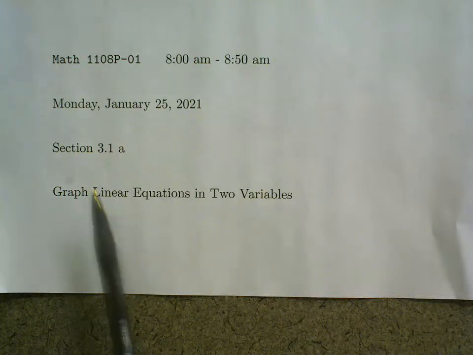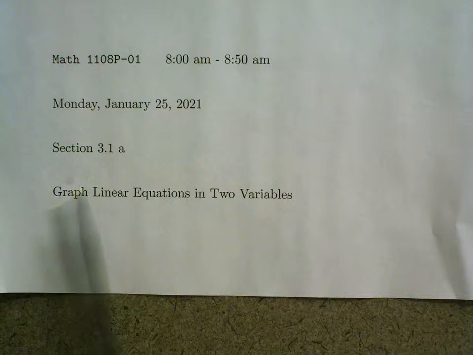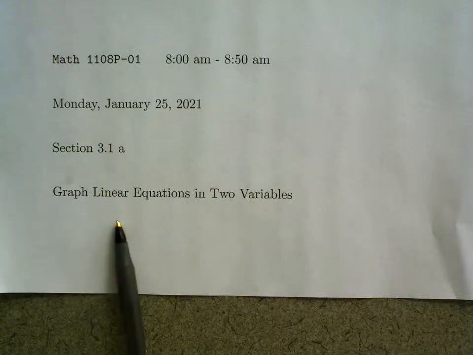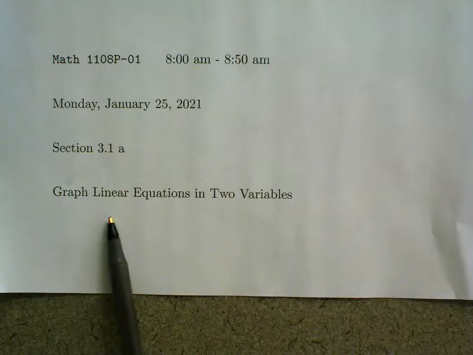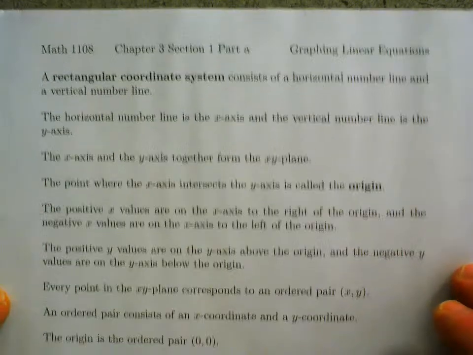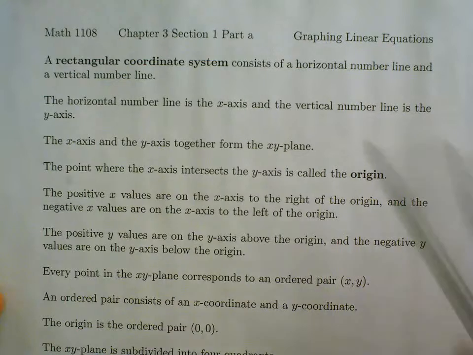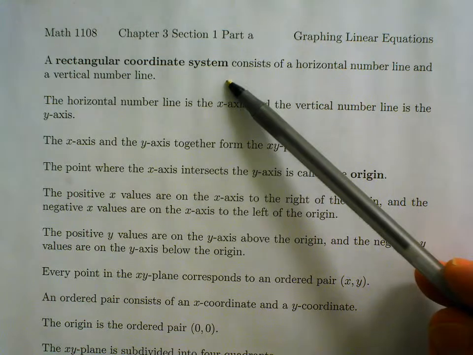Today we'll start in Chapter 3 in Section 3.1, Part A. We will look at how to graph linear equations in 2 variables. But first, we'll discuss what a rectangular coordinate system is.